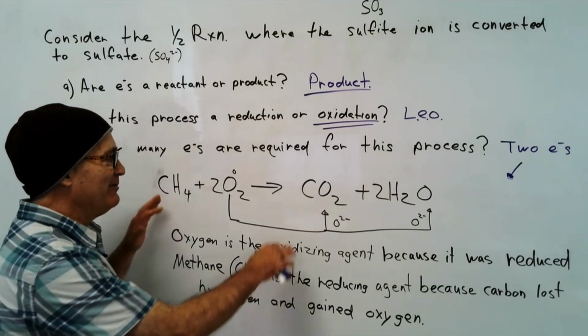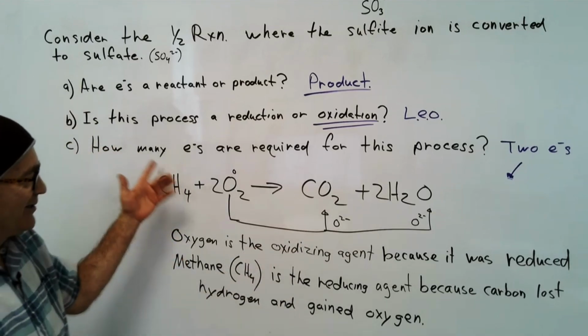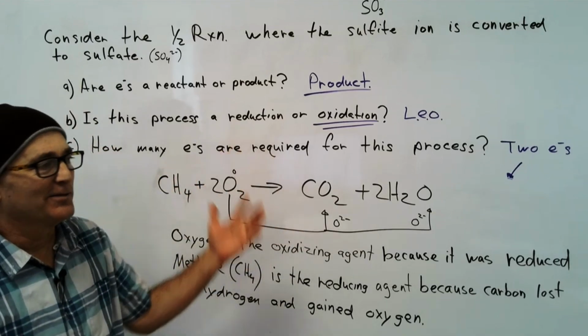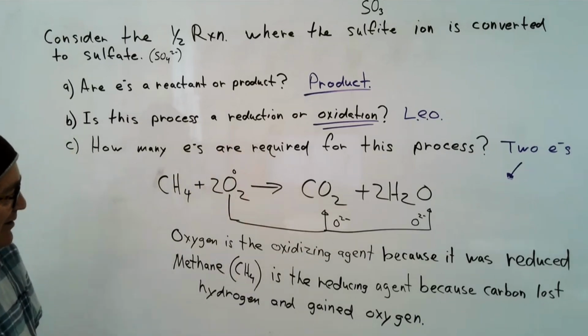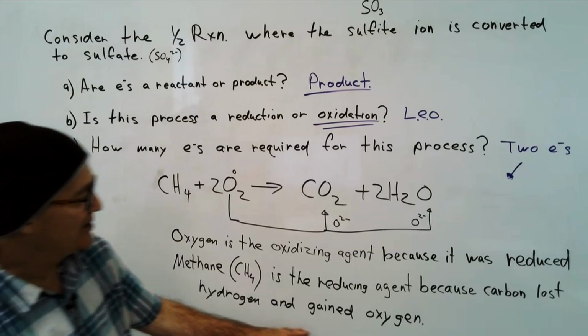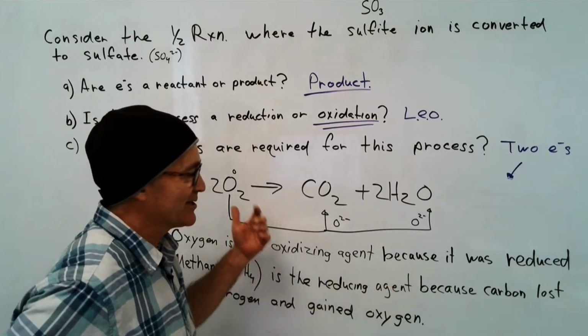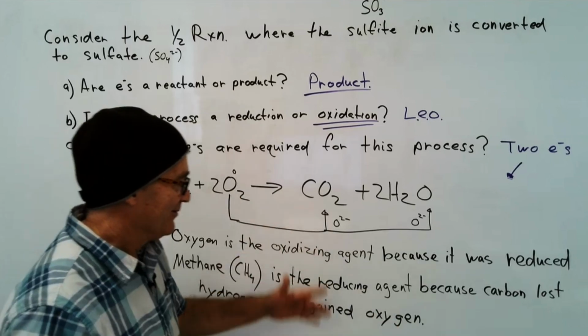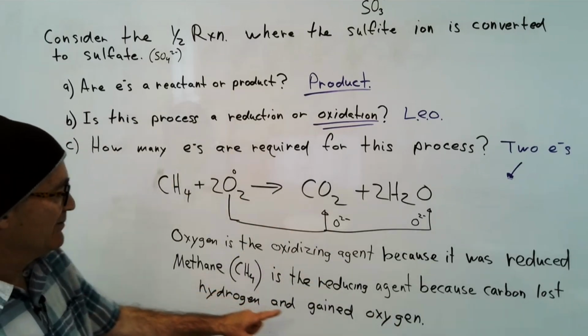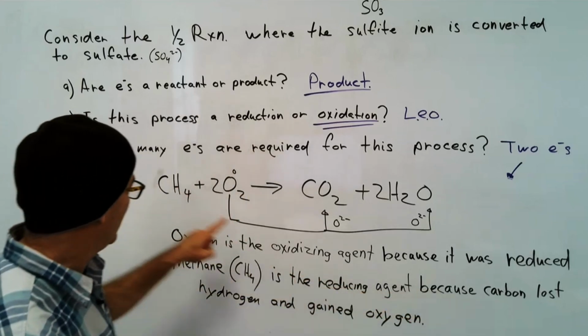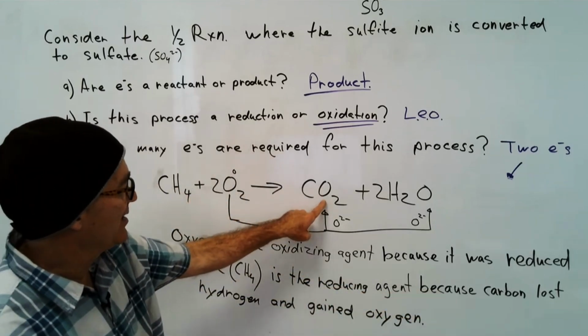Methane, well, I weaseled out. I didn't want to calculate oxidation states of carbon because it's sometimes difficult and not worthwhile. But I can say methane is the reducing agent. If I really want to weasel out, I'll say it has to be because oxygen's the oxidizing agent. But we can say methane is the reducing agent because carbon lost hydrogen and gained oxygen.